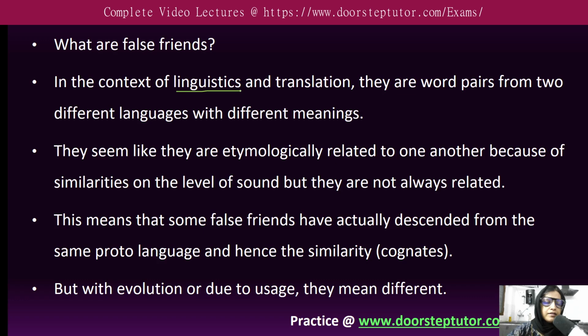Now, false friends in the context of linguistics and translation, basically they are nothing but pairs of words. Okay, there are two words that are present. Now these two words, they look like they have come from one parent language, and this is not always true.